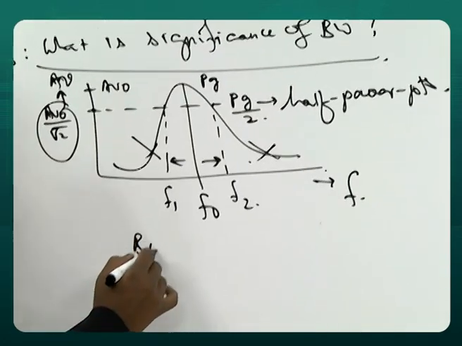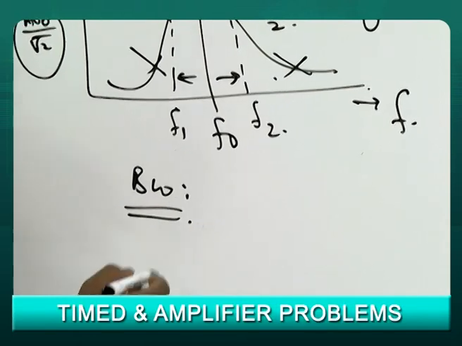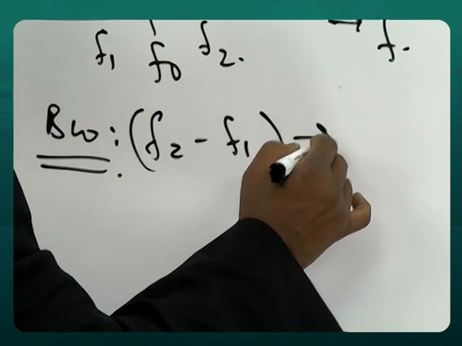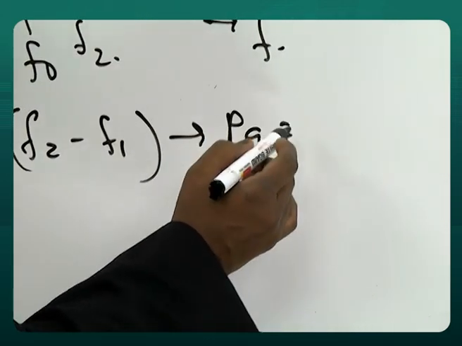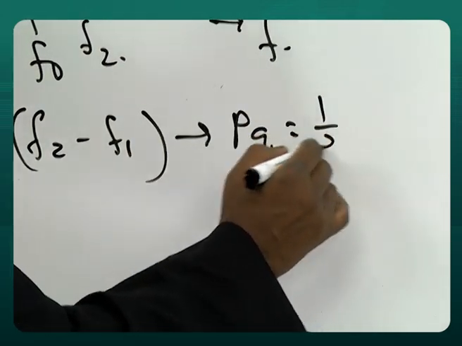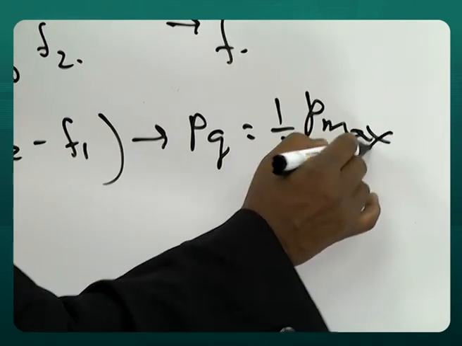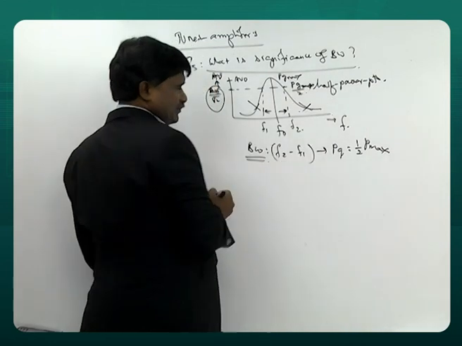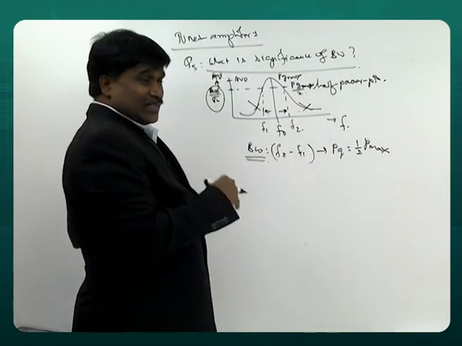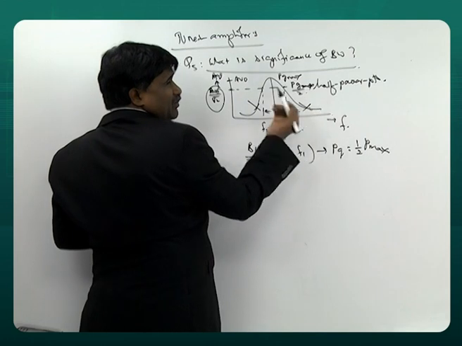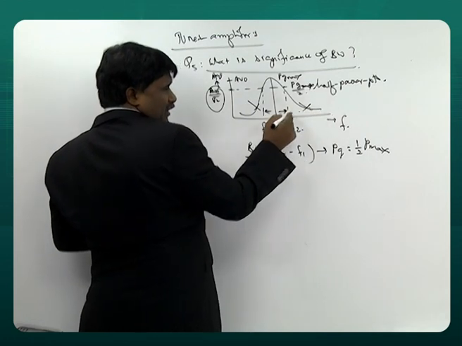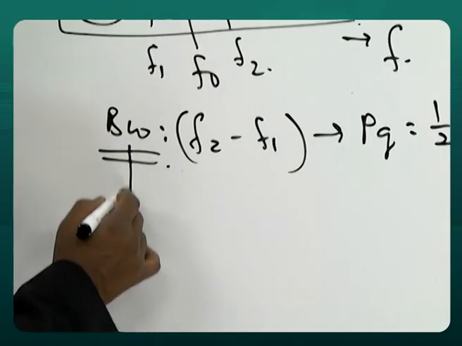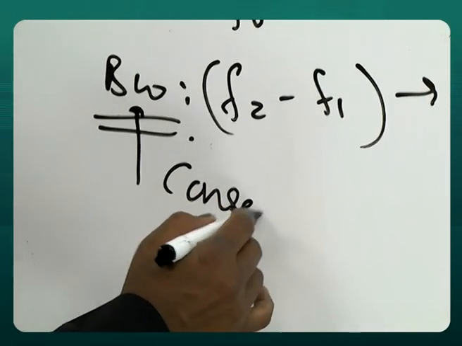So, bandwidth is defined as duration of frequencies where power is half of maximum power. Say this is maximum, half of maximum. If it is less than half, you neglect this bandwidth and use it for some other purpose. That is why it is called conservation of bandwidth.